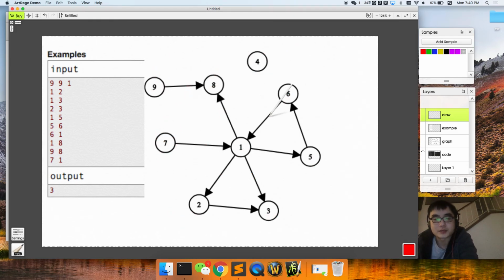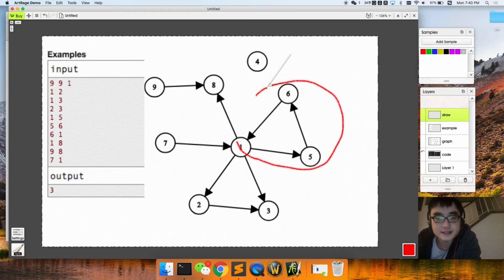So why can we do this? Because this guy is an SCC, so we can collapse these three nodes into one, right? Because these three nodes can reach each other anyway, so we can just collapse it into one node.